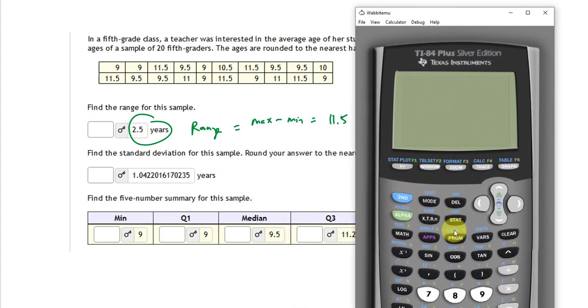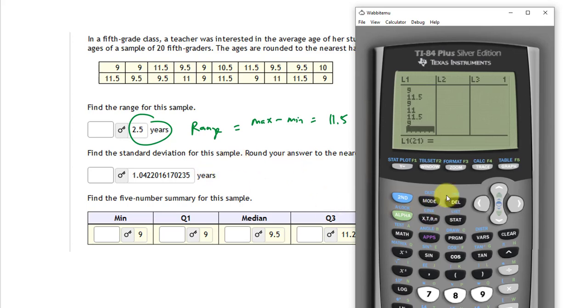So I go to STAT, I go to Edit, and I hit enter, and then I enter all the values I see here. So 9, 9, 11.5, 9.5, 9, 10.5, 11.5, 9.5 in the first row, 10 now the second row, 9.5, 9.5, 11, 9, 11.5, 9, 11, 11.5, and 9.